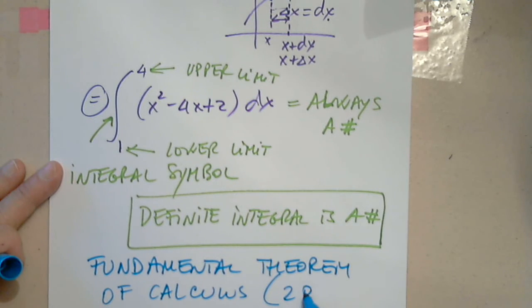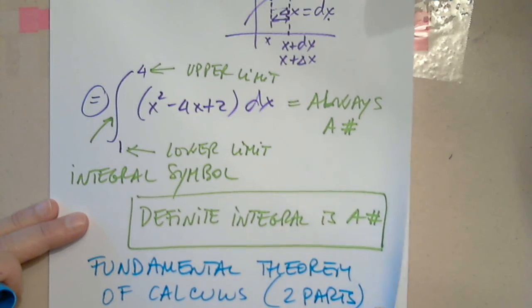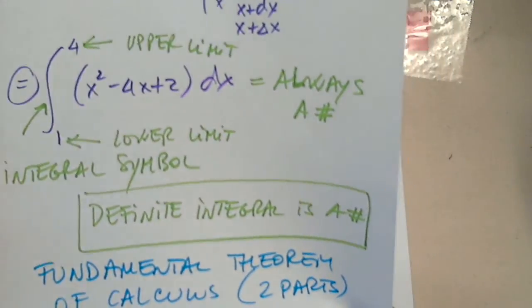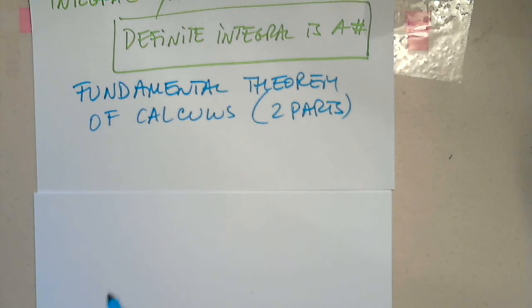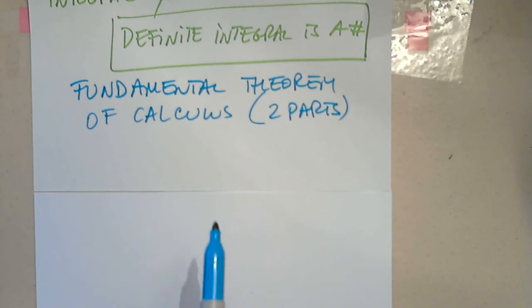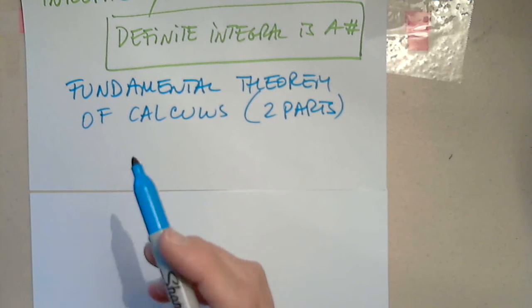It has two parts. I'm not going to talk about the first part, maybe not today, but definitely on Wednesday or next week. I'm going to talk about the second part. So here's what we learned from the fundamental theorem of calculus. We learned two things.